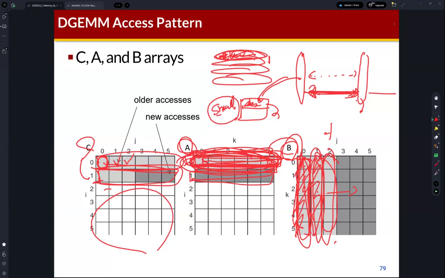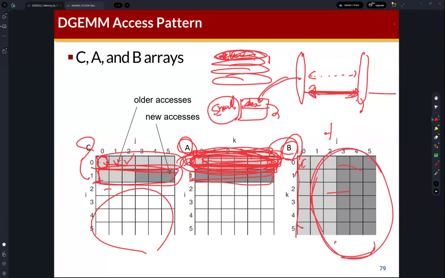Because before the same column is requested, the other columns of this amount need to be requested first. So which means if the cache size is small, then this column data is evicted from the cache. That's the problem.